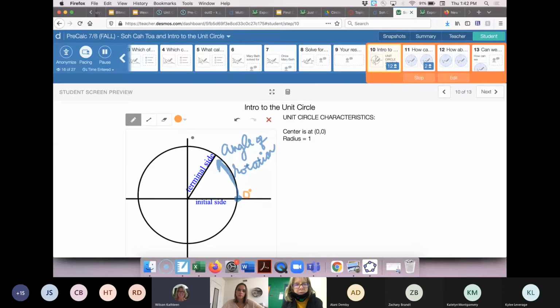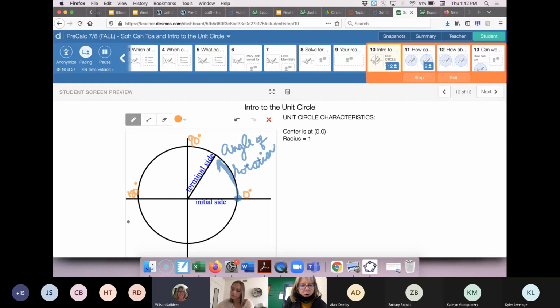I think everybody sees that would be a 90 degree angle of rotation, right? If I went from the farthest right to the tippy top, that would be a 90 degree angle of rotation. And then if I continue around the circle counterclockwise, and I got halfway around the circle, 180 degree angle of rotation.